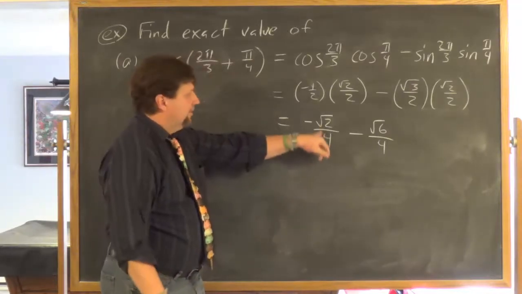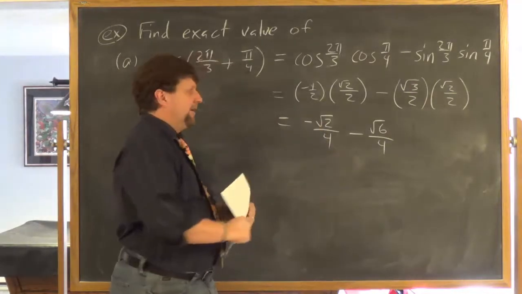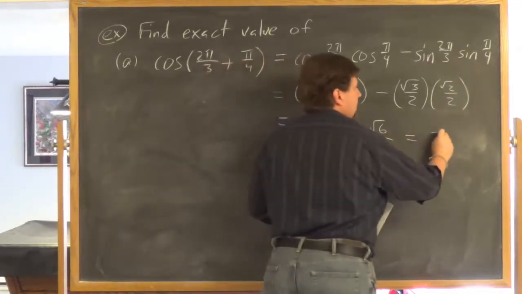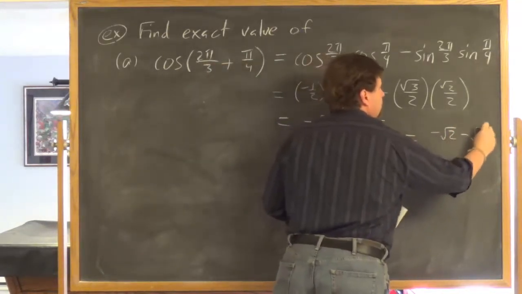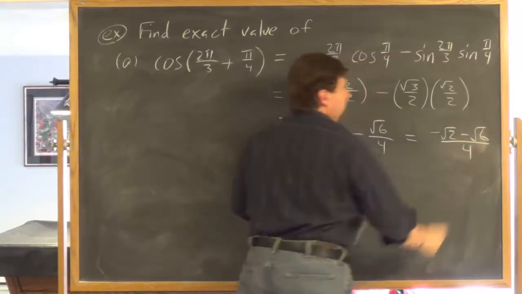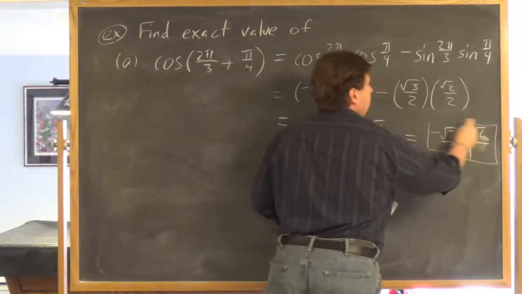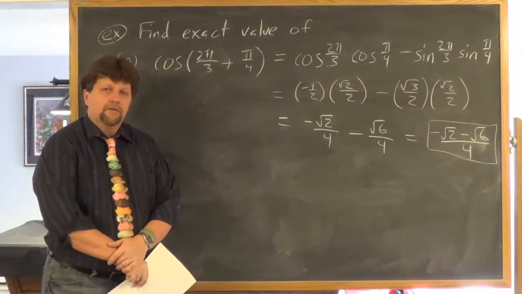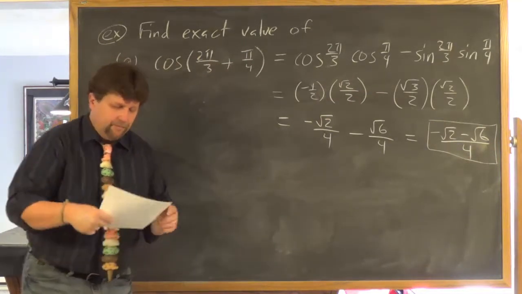Hey, check it out. Since our fractions already have a common denominator, it's really no extra work to just make this one fraction. Negative square root 2 minus square root 6 over 4. And that would be the exact value of cosine of 2 pi over 3 plus pi over 4.